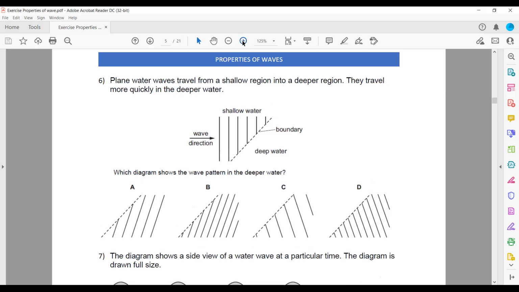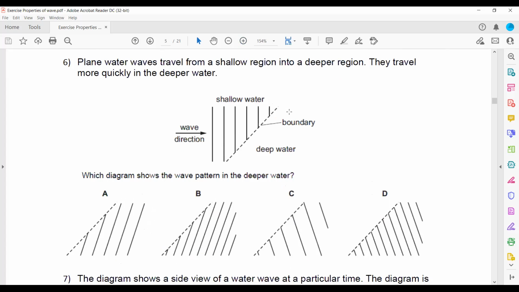Okay, in question 6, the plane wavefronts are moving in a shallow region and they now travel in deep water. In shallow water it is moving slower, and in deep water it is traveling faster. So if it is traveling faster, how should I draw the wavefront?